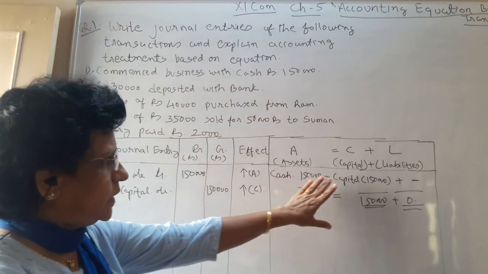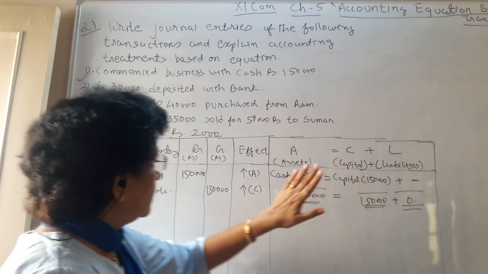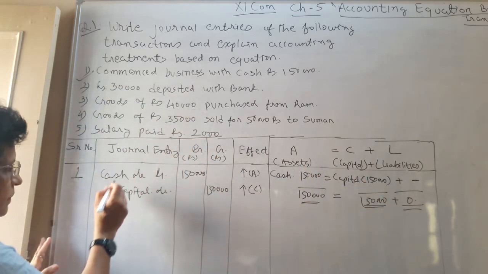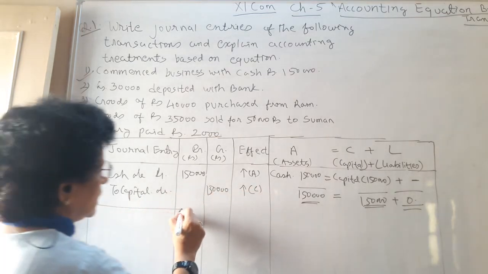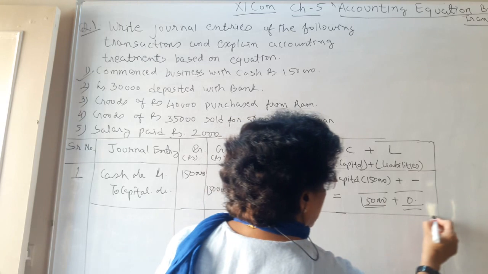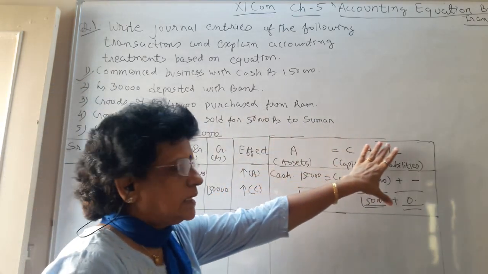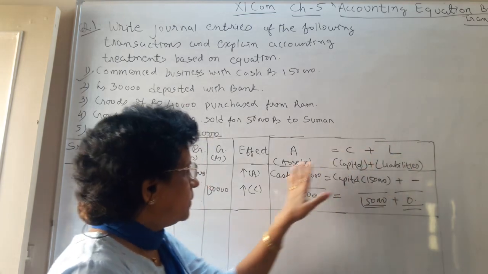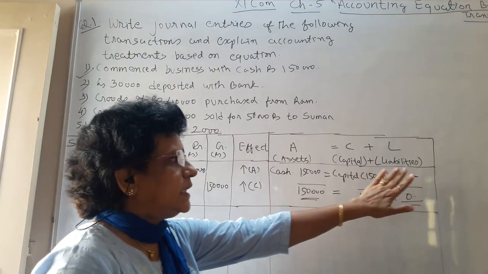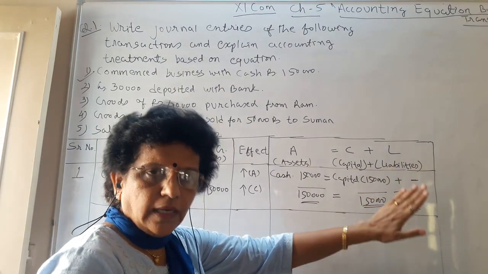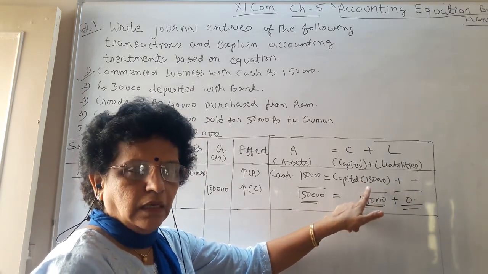Your first equation is telling cash has increased, capital has increased. The journal entry, cash debit to capital, is already shown in the accounting equation. In this manner, we are showing the A portion as well as the C plus L portion. When A increases, there is going to be an increase either in C or in L. The owner has given the fund, so the effect is only on the capital account.